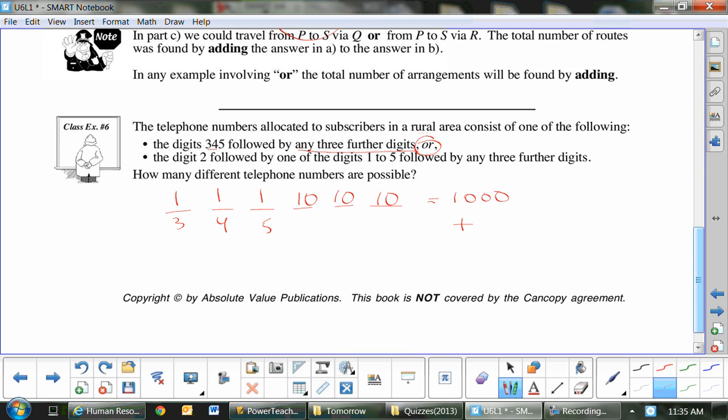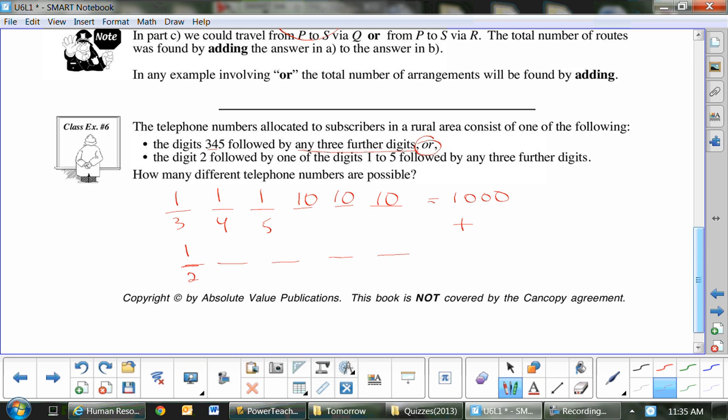But they said, or you can choose this. So OR will be plus. The digit 2, followed by one of the digits 1 to 5, followed by any 3 digits. So I have to have the digit 2. How many of those are there? 1.